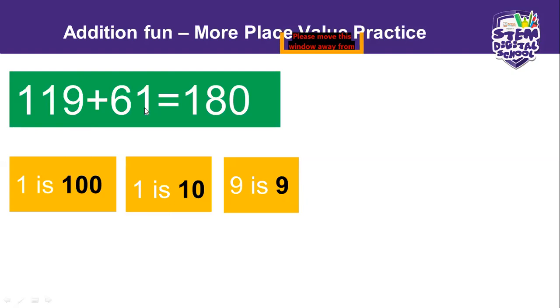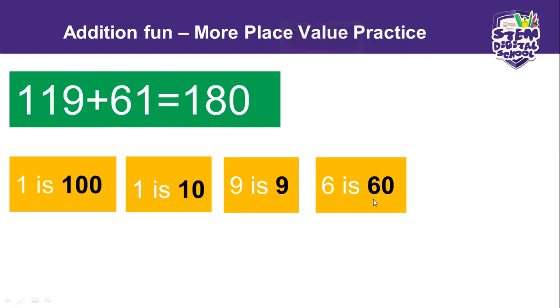Then let's look at 61. You can type in your chat box there. 6 is represented by what? This 6, what is this 6? This is 60. And this one, does it change? Let's see in your chat box. Does the one change?